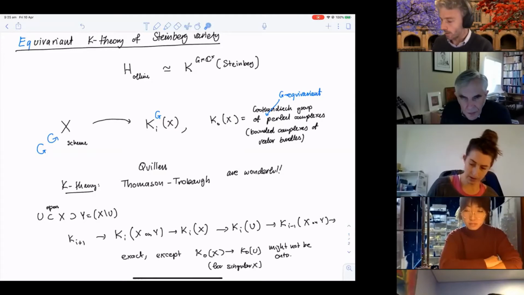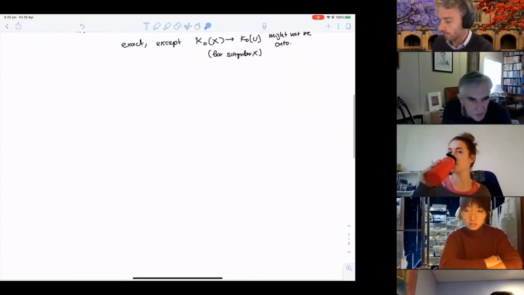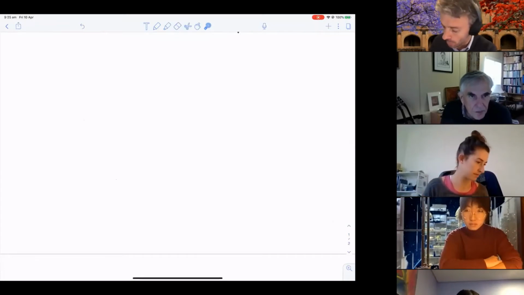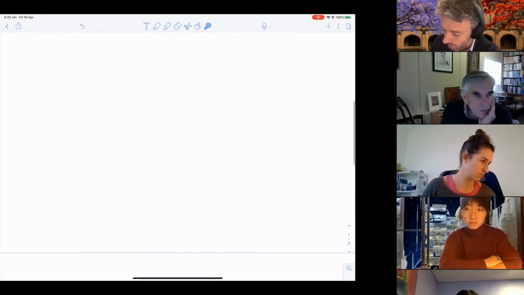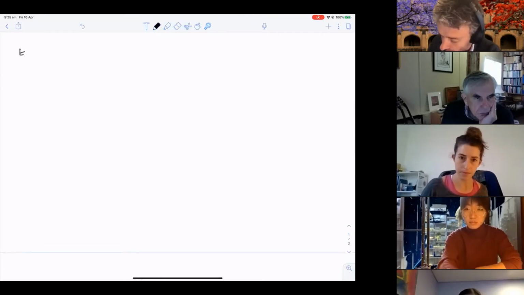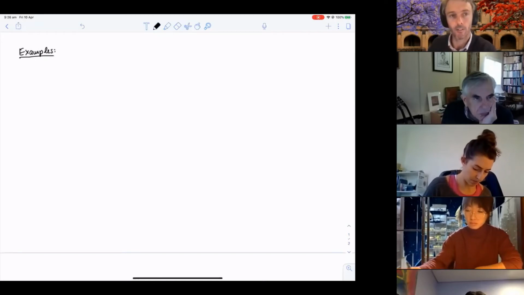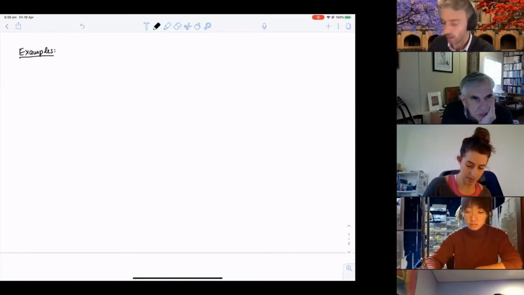Okay, so now some examples. A G-equivariant vector bundle on a point is the same thing as an algebraic representation of a group.